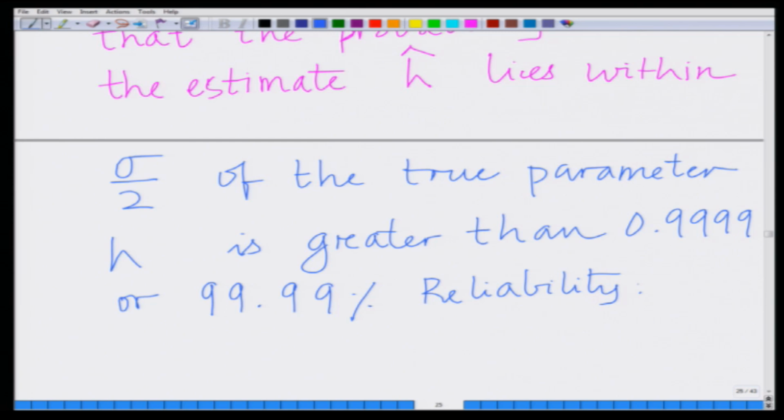One can define this probabilistic notion as basically reliability. Probability can be used as a measure of reliability, since the estimate H hat is random in nature.